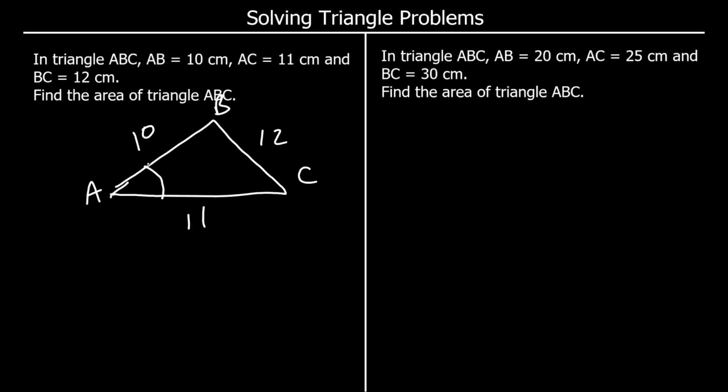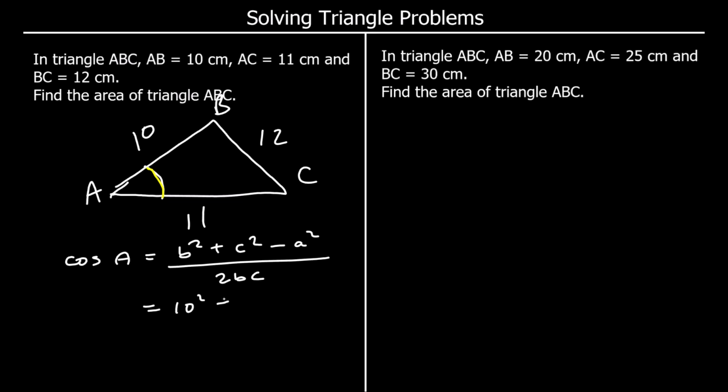So if I find this angle A, cos A equals b squared plus c squared minus a squared over 2bc. So if this is A, this is little a, these two are B and C. So 10 squared plus 11 squared minus 12 squared over 2 times 10 times 11.